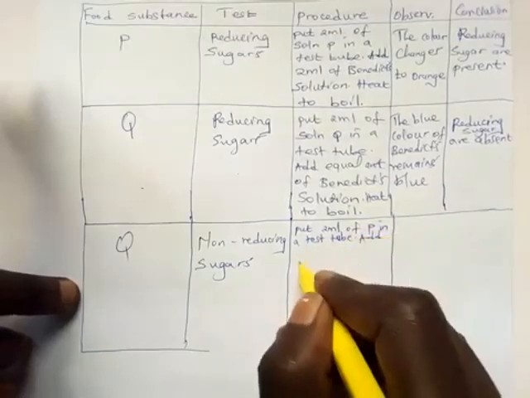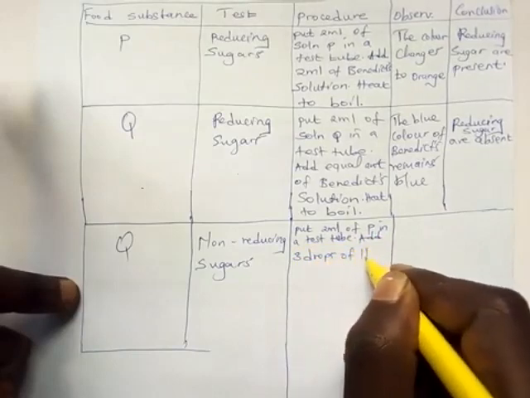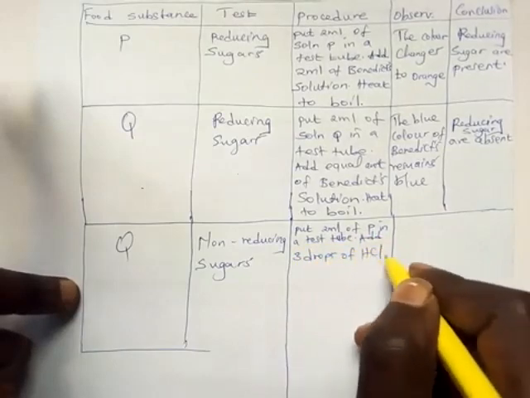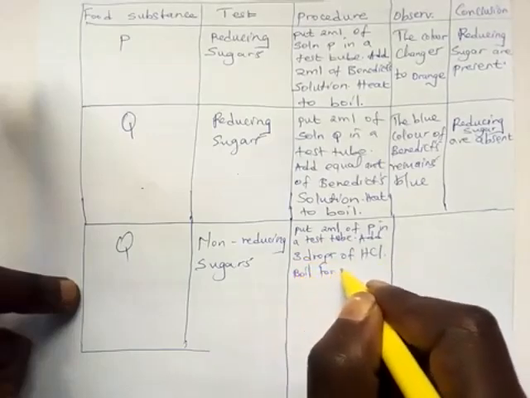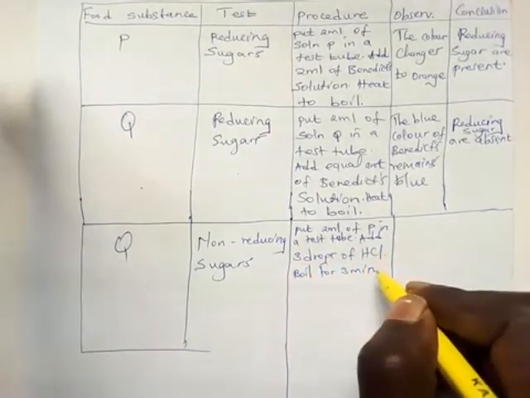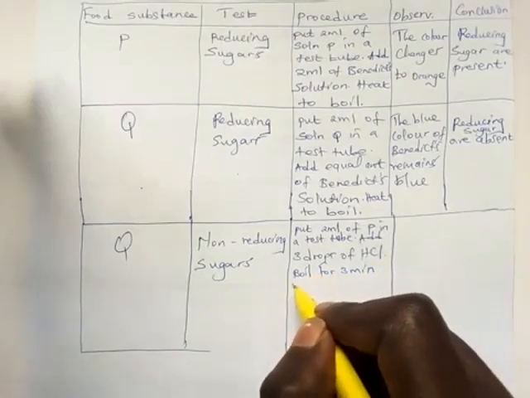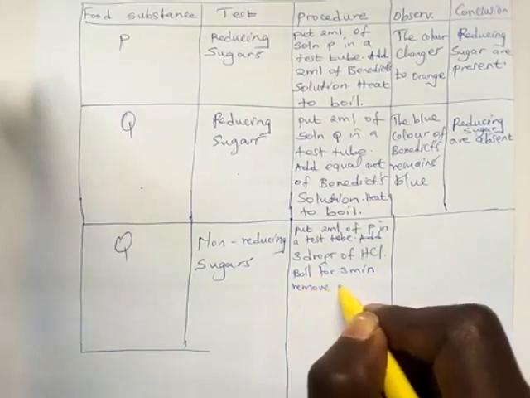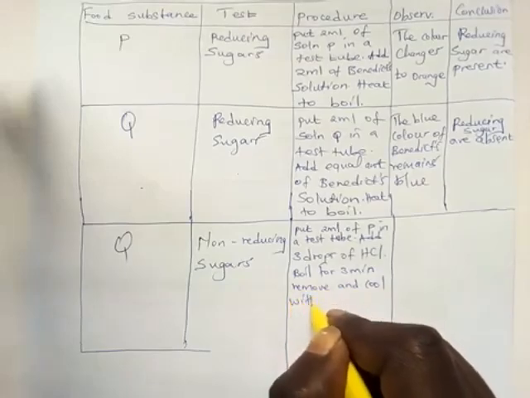Then you add 3 drops of dilute HCl and then you boil for 3 minutes. Then after you boil, remove and cool with cold water.